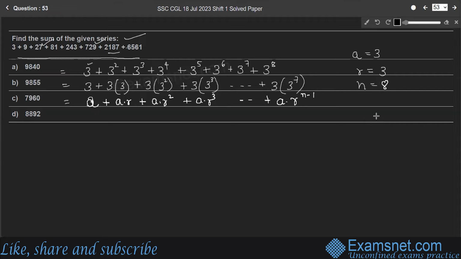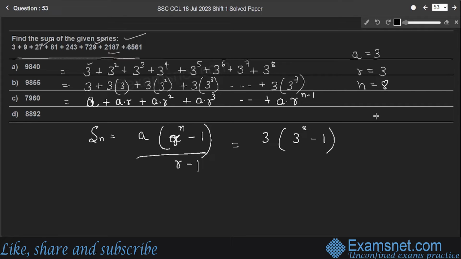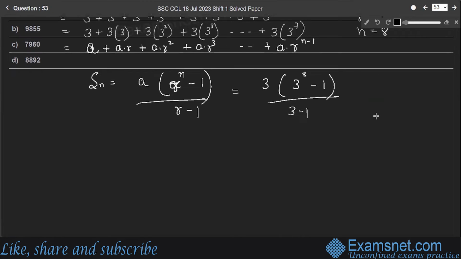So a geometric progression, we need to find the sum of the given series. So sum of n terms here. So n is equal to 8 here. Therefore, the formula says A into R raised to n minus 1 divided by R minus 1. Here A is 3, R is again 3, n is 8, minus 1 divided by 3 minus 1. Right? Simplify it. So it becomes 3 by 2, 3 raised to 8 minus 1.